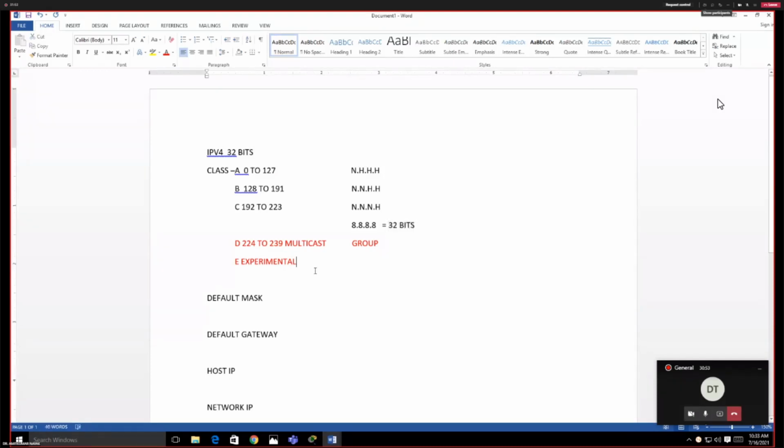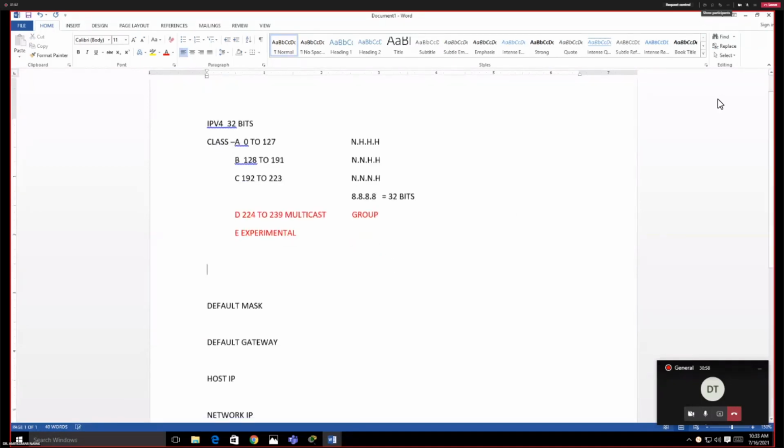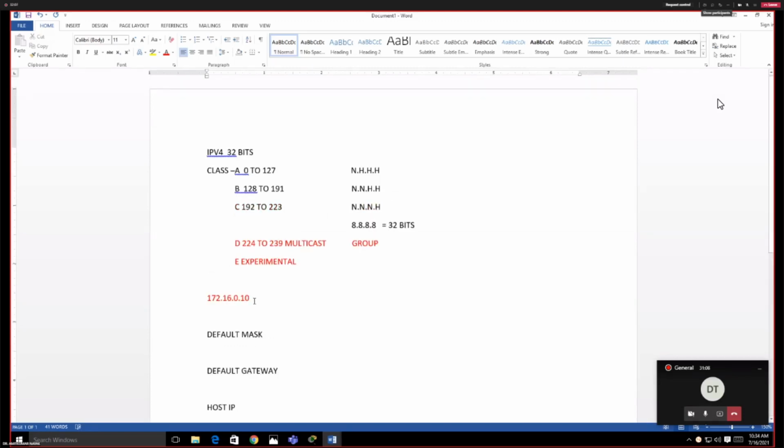Now if one IP address is given to you, please listen carefully. If I give you the IP address 172.16.0.10, let me consider this as an example so that it will be more clear to you.